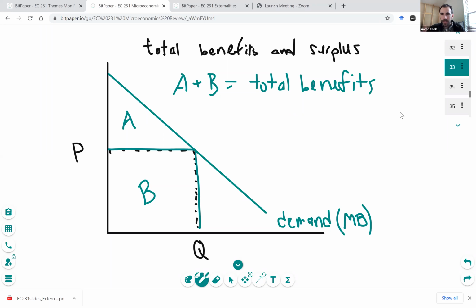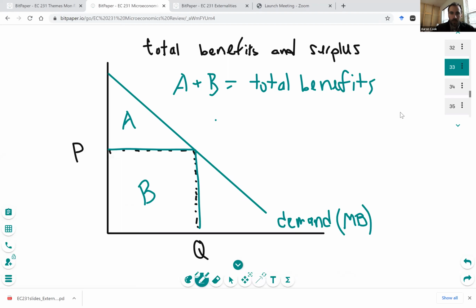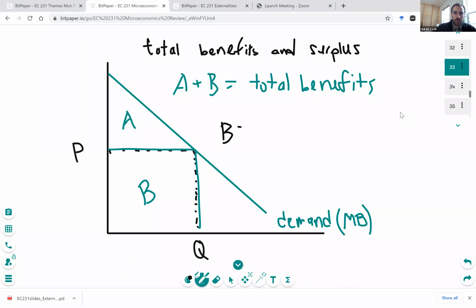If they want to get Q units, they have to pay price P per unit. They're buying Q units. And so P times Q is going to be the cost to the consumers. So the area B is what represents P times Q. So B is going to equal the costs.